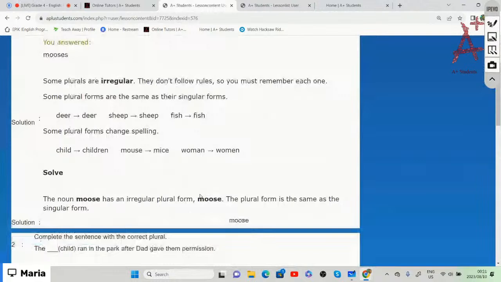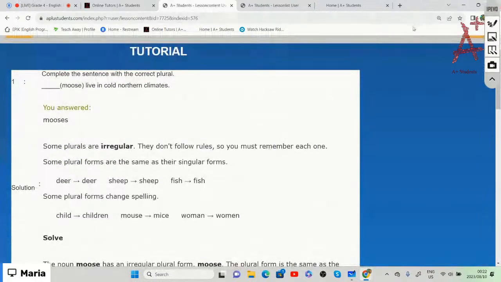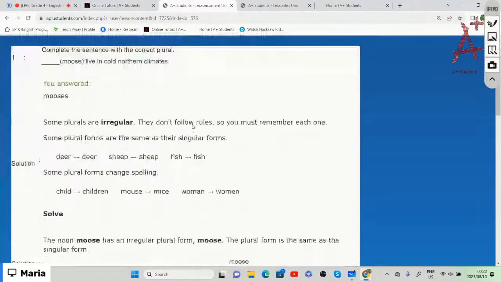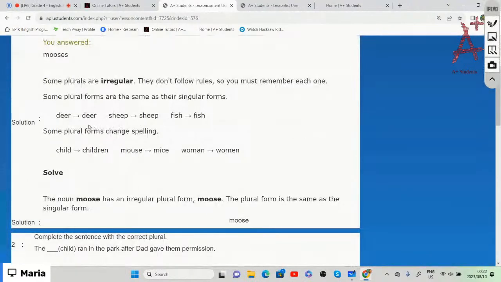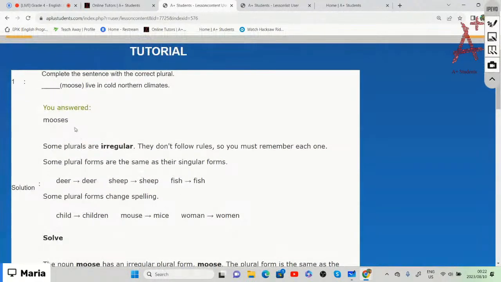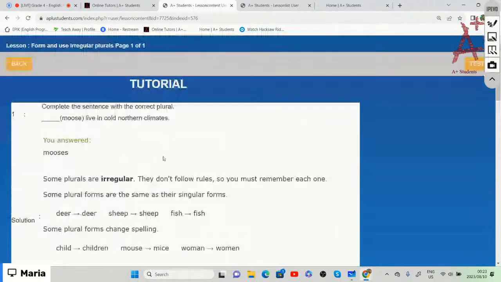All right. Now we're going to do our example activities. Moose. Moose live in cold northern climates. We need to complete the sentence with the correct plural. So one moose. Moose is going to be that word that stays the same.